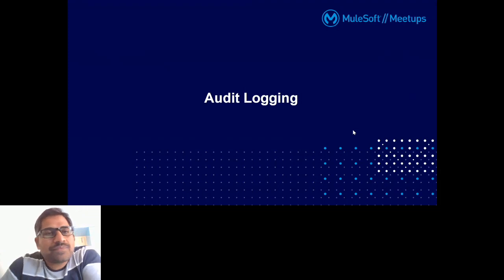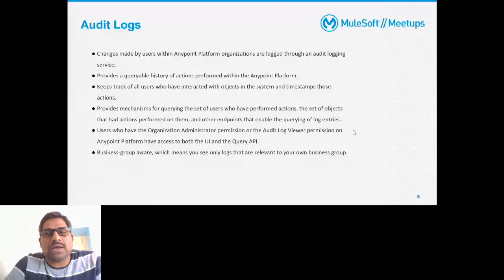Audit logging. Everyone knows we have logs, like application logs and audit logs. Especially if the security or auditing team wants to do an audit, they need data. In an enterprise, many systems are involved in different work, and the security team should verify whether things are going in the right direction.